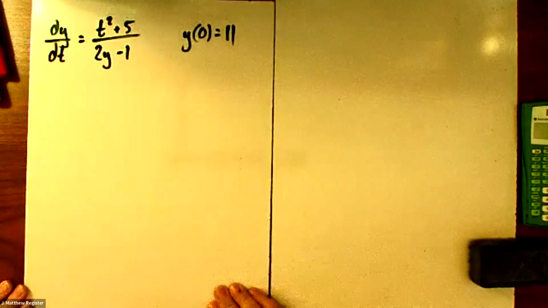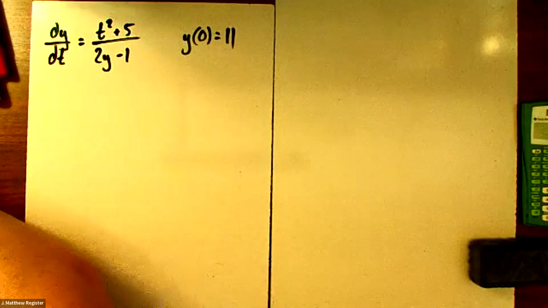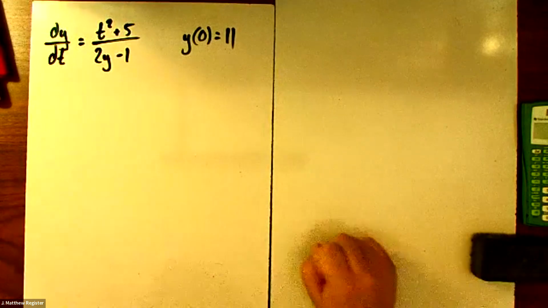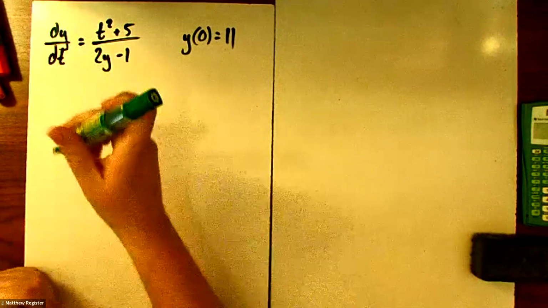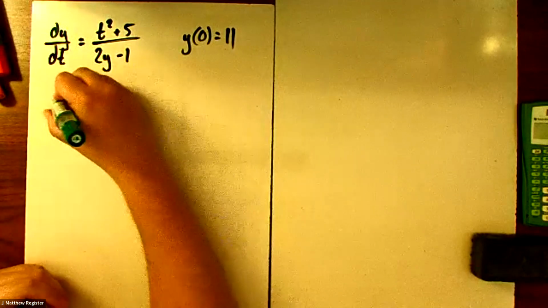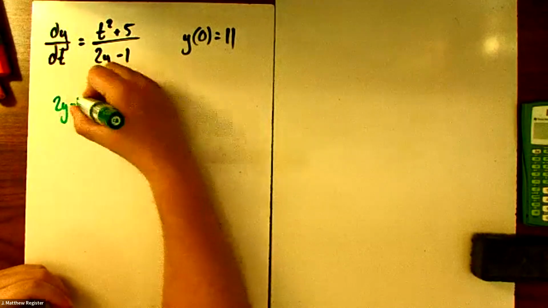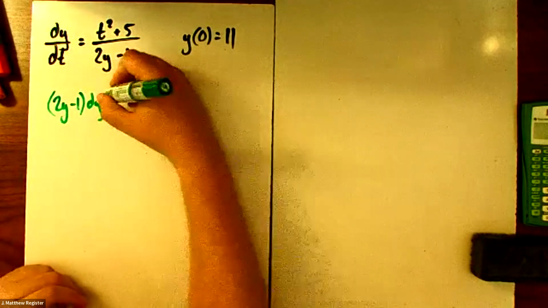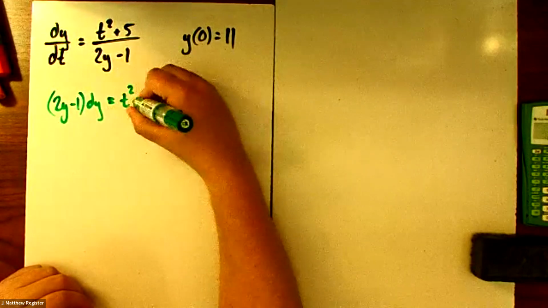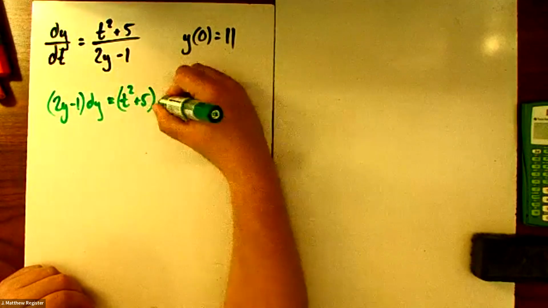And so in order to do this one, what we would need to do is, again, just separate everything out. And so when we separate everything out, we are going to get a 2y minus 1 dy equals t squared plus 5 dt.